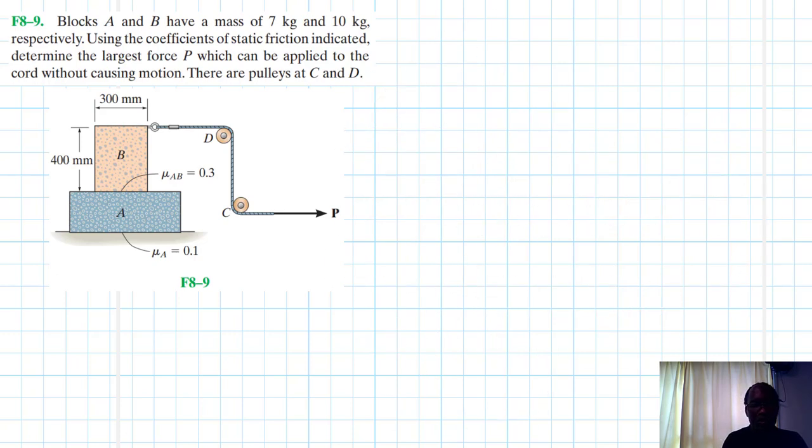Let's work on this particular problem. There we go. So we're going to draw the free body diagram. So let's do so. I think they are like so. Like so.